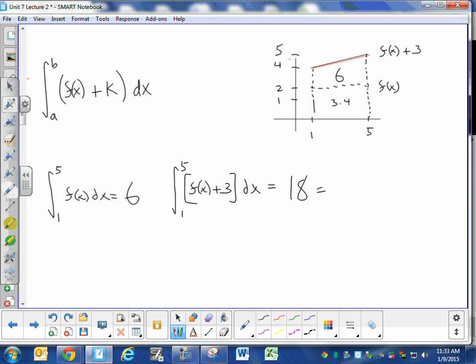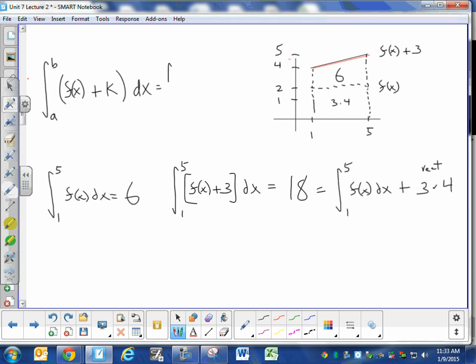So here's how we can do this. This is the area from 1 to 5 under my function. That's the 6 plus a rectangle with a height that is K and a width that is the width of your interval. So that's 6 plus 12, that's 18. So let's write that using f of x and k and a and b.